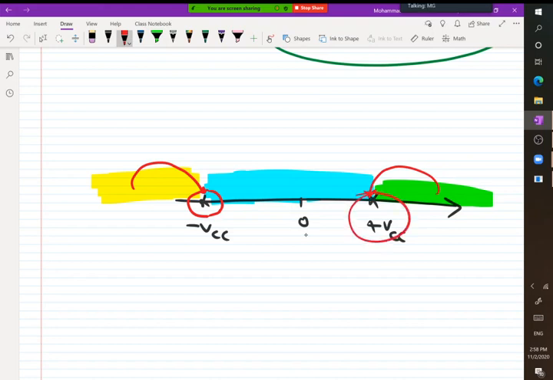I just want to see all of you, let me go to gallery view. Okay, I want to see all of you give a thumbs up if you understand this important point.